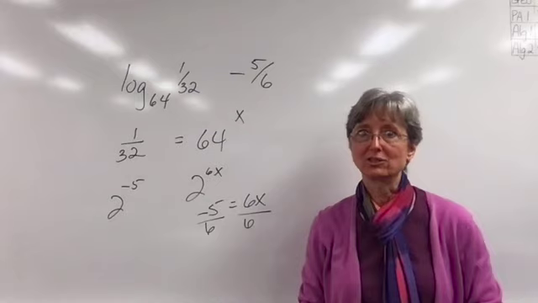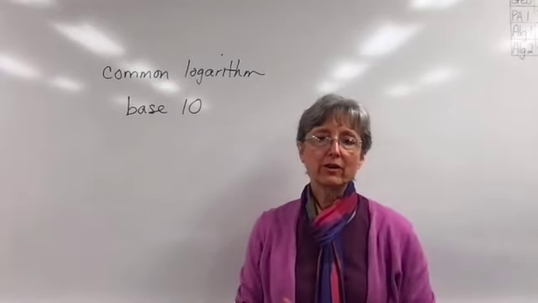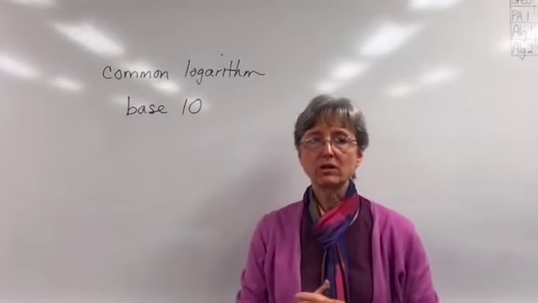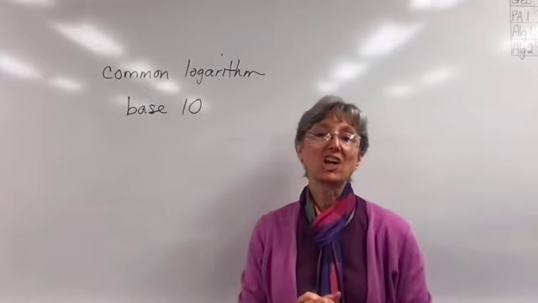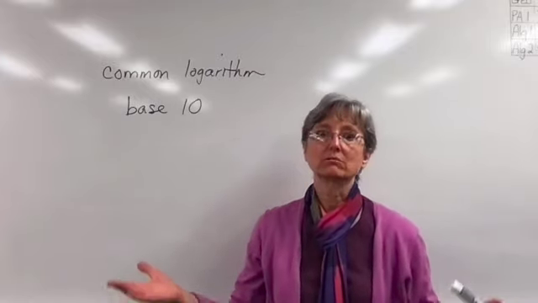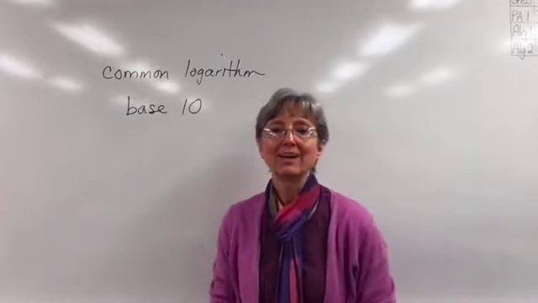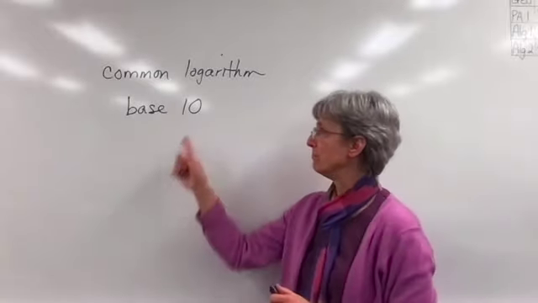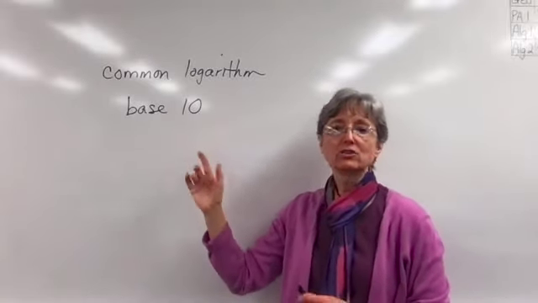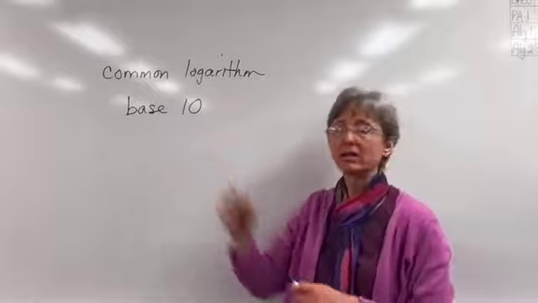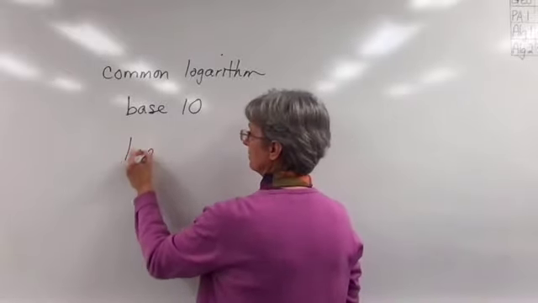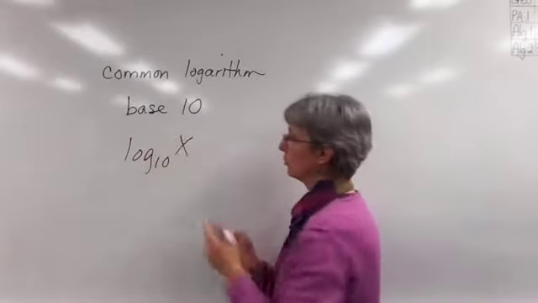Another challenging one. Okay, there are two kinds of logs that are used a lot. One of them is the common log, because we use it commonly. It's commonly used, and that's where we have a base 10. So if I have just the common log, it would be log base 10 of whatever.